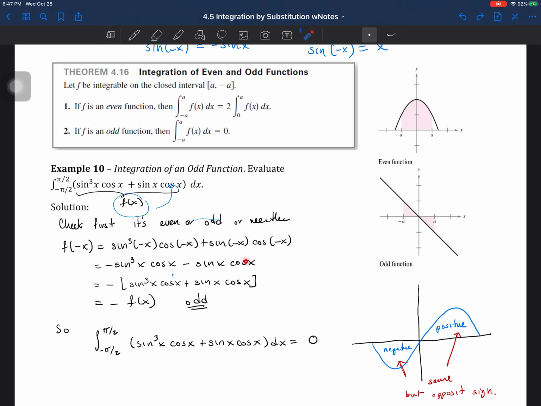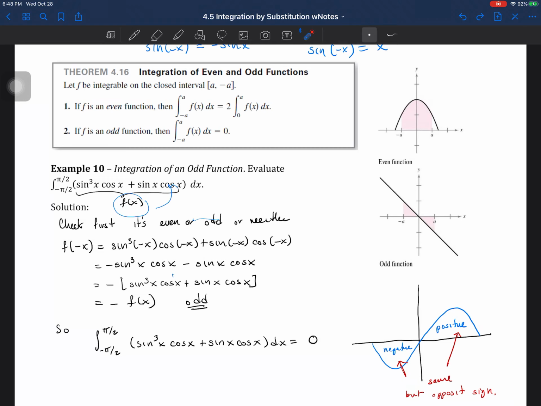Cosine of negative x is an even function, so it absorbs the negative value. Now, if you factor the negative from both terms, then we get sine cubed x cosine x plus sine x cosine x, which, if you notice, is exactly the same original function. So this is negative times the original function, which means it's odd.